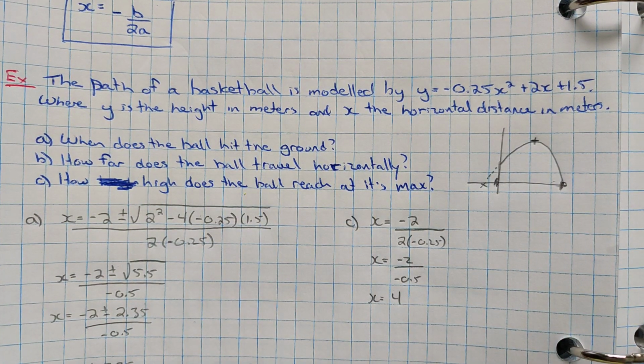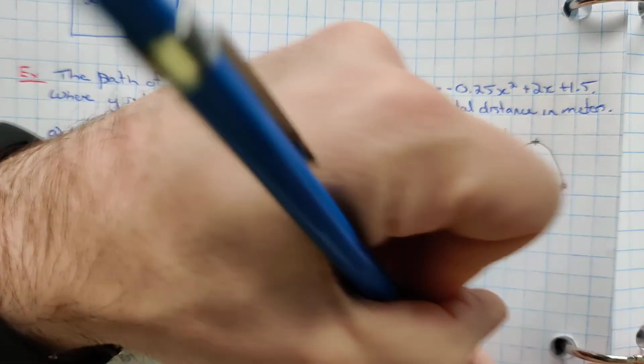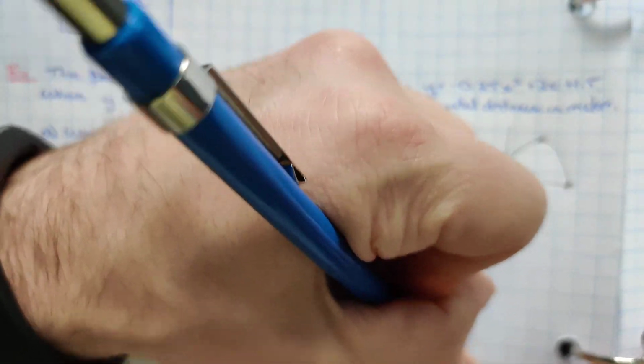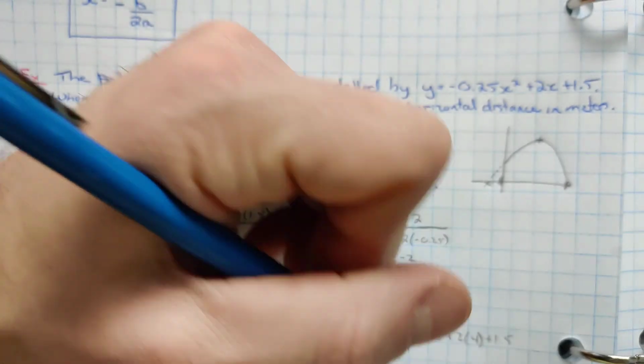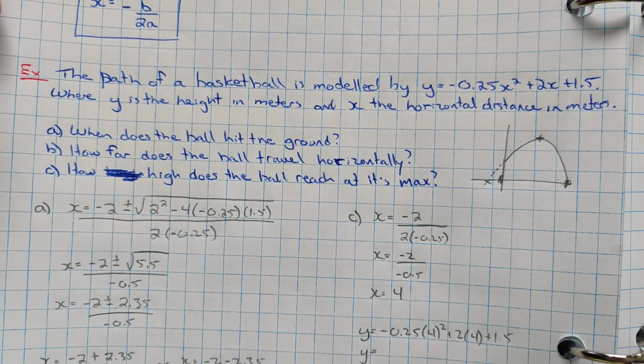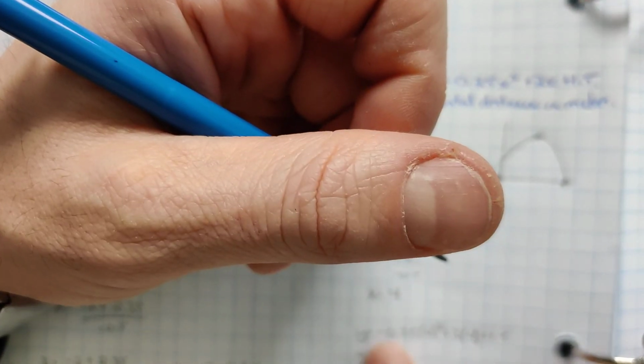So that's the x value. How high does the ball reach at 4 meters? Well, we simply plug that into the equation. y equals negative 0.25 times 4 squared plus 2 times 4 plus 1.5. And we calculate all that out. And we get, what do we got here? That's 16.